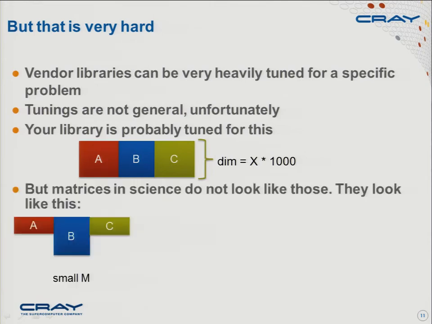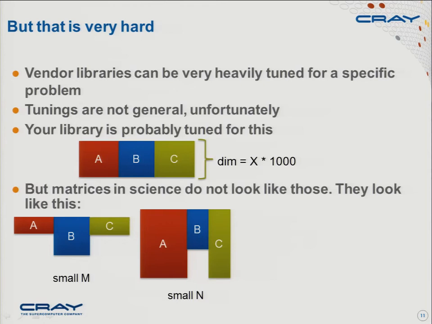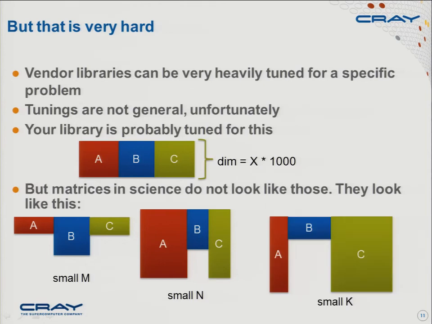But in reality, they like to use cases where you have a small m, so A in this case is small, or a small n. So if you need to optimize this library, you need to take into account all matrix dimensions. There is no real way to build a library that optimizes all possibilities, all GEMM possibilities. So how do we do it in Cray?